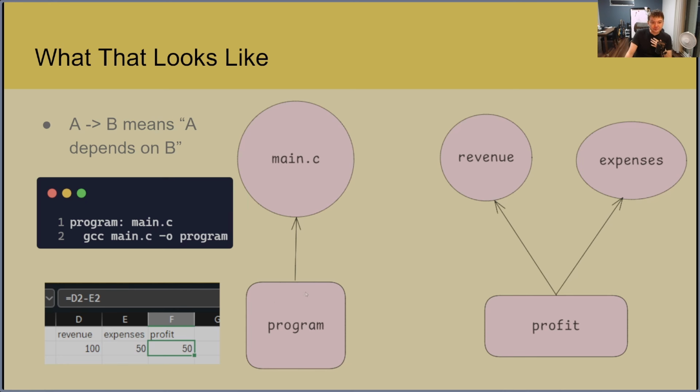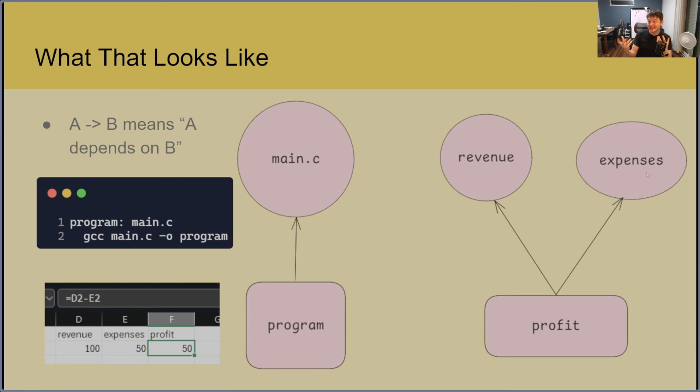Then, similarly, this is not a programming example exactly, but profit, for example, is a calculation that businesses will do, and roughly it depends on revenue and expenses. The exact calculation is not really a consideration for the build system. The build system is mostly concerned with: okay, you need revenue and you need expenses.